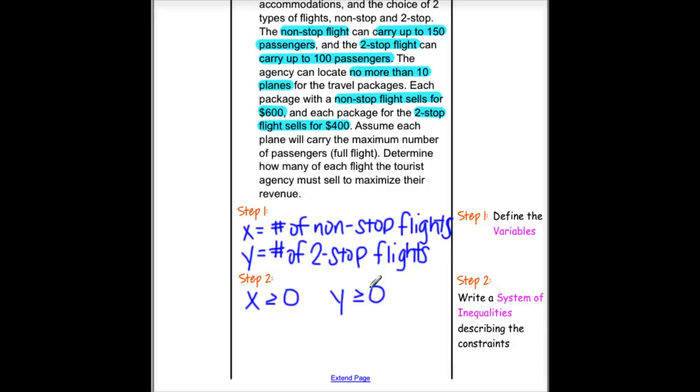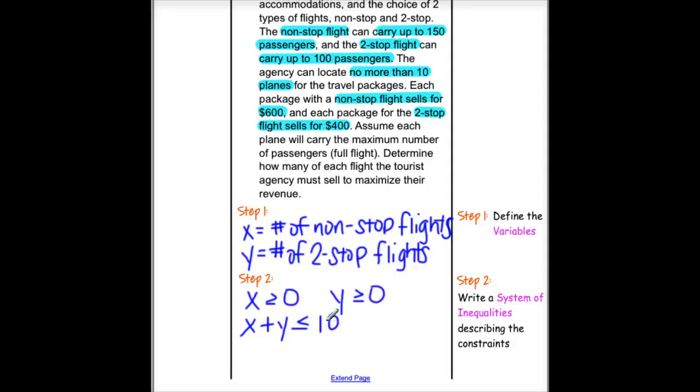So I know that that means that my x and my y added together, so flights plus flights, has to be less than or equal to 10 because we cannot sell more than 10. Now the final one is the one that's probably the hardest one to find. I'm going to deal with the cost piece when we talk about maximizing revenue, which is until step 5.